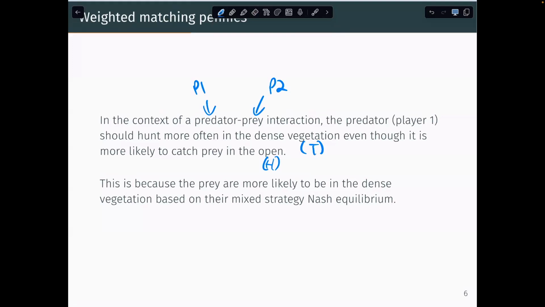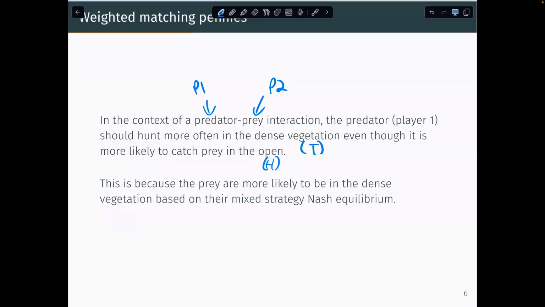In this scenario, we're basically saying, okay, although maybe the predator is more likely to catch prey in the open, maybe because it can run faster, doesn't get caught in all bushes, things like that, or maybe the prey is easier to hide in dense vegetation. Conversely, you might have scenarios, if it was the other way around, where it's easier for prey to see predators in the open.